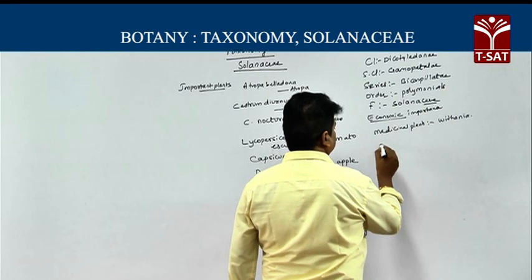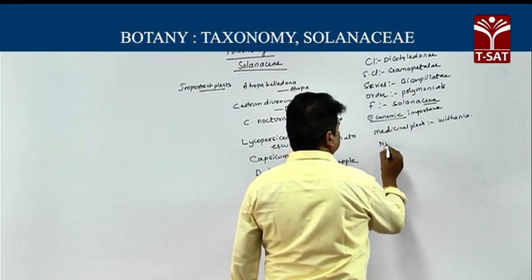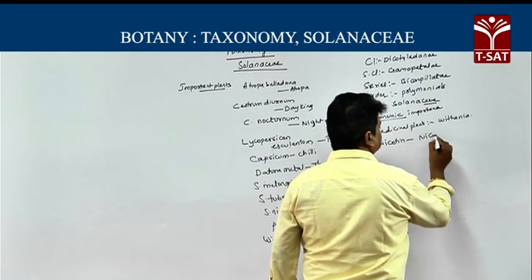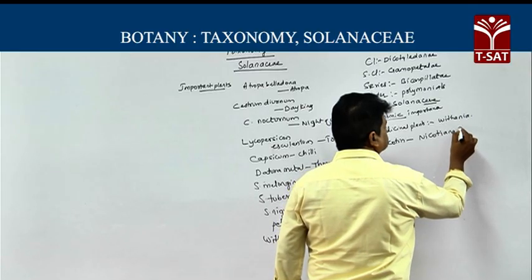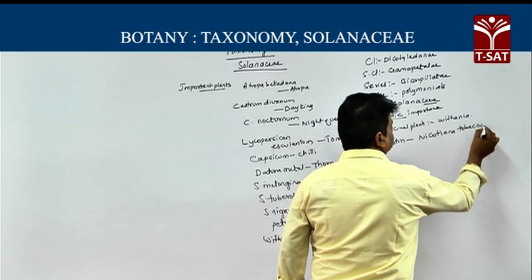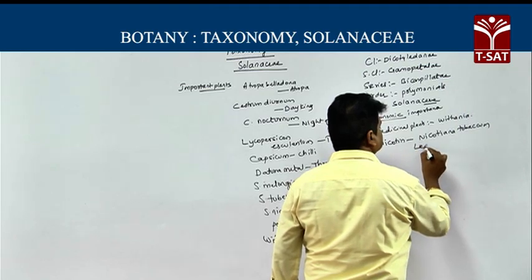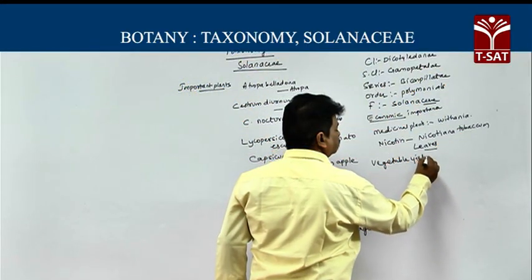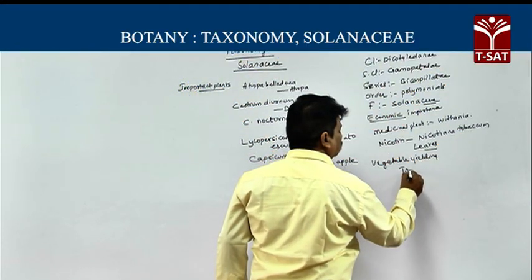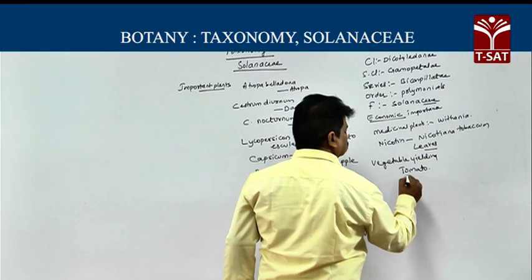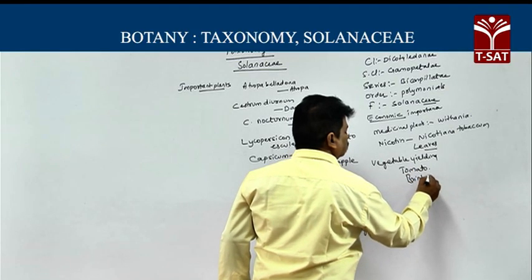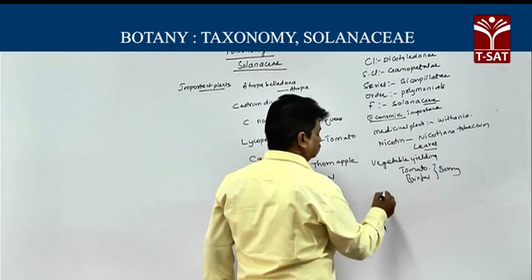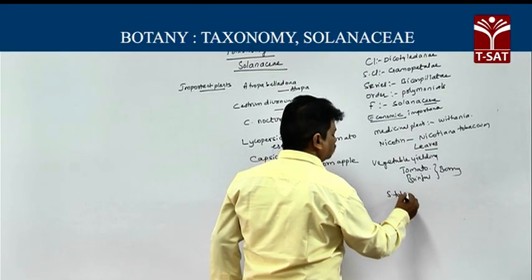Then next one, nicotine alkaloid, obtained from Nicotiana tabacum leaves, used in making cigarettes. Vegetable yielding plants: tomato, brinjal. In both, the fruit is a berry.